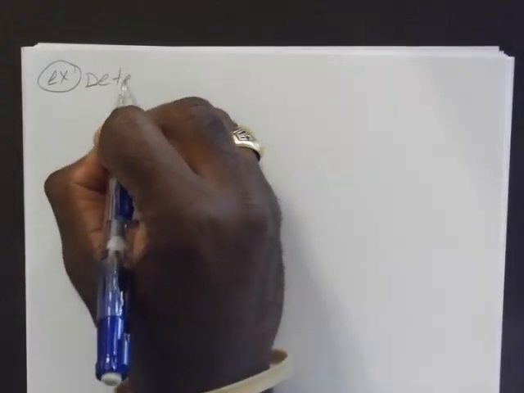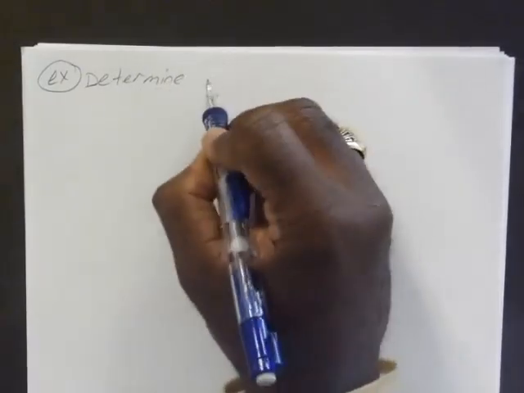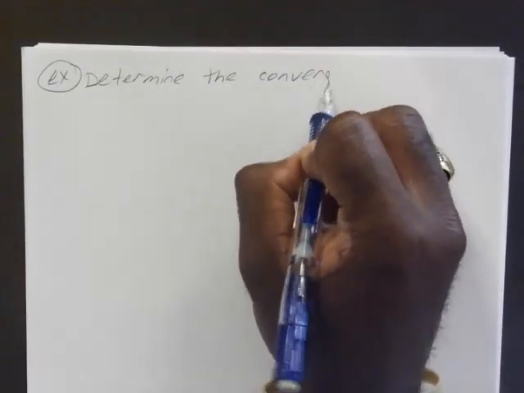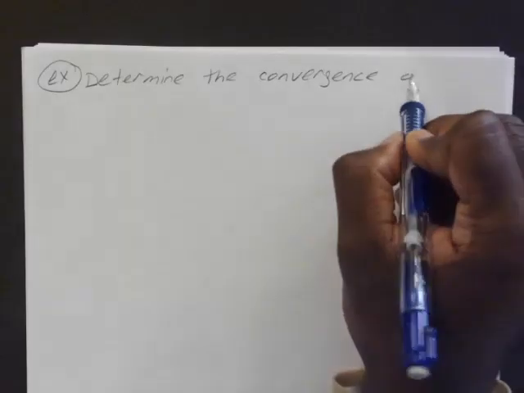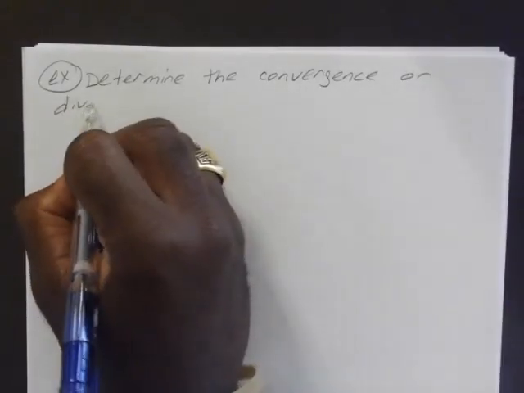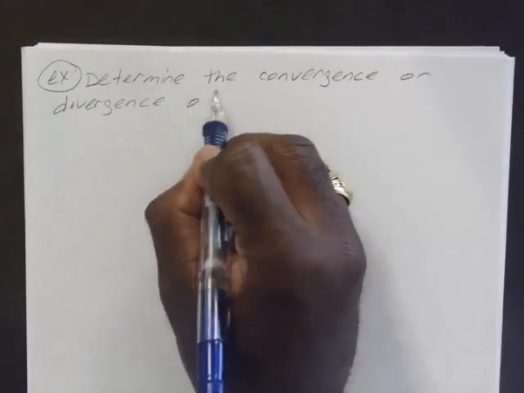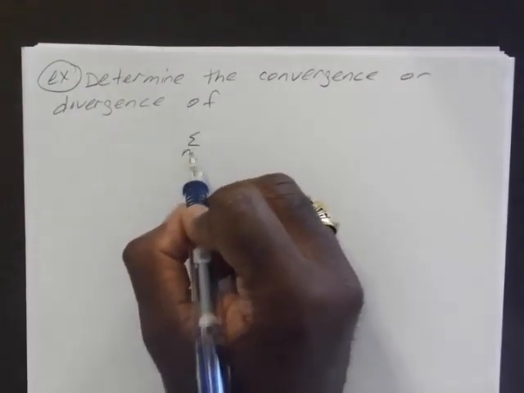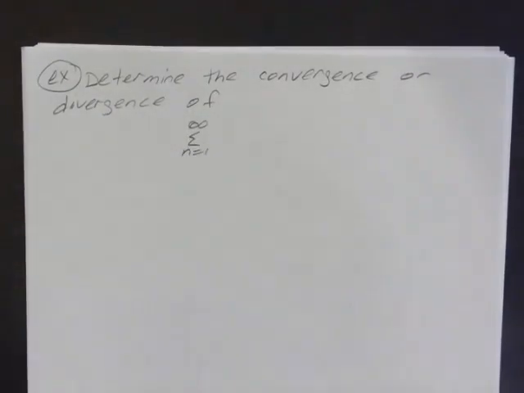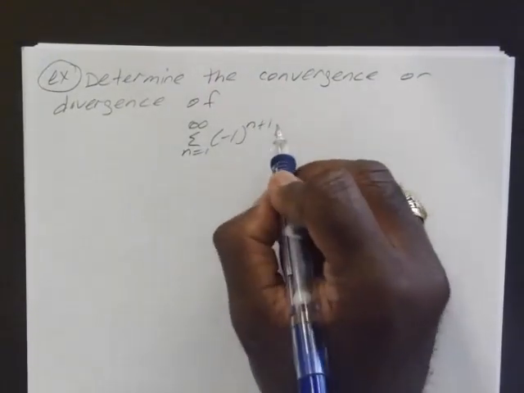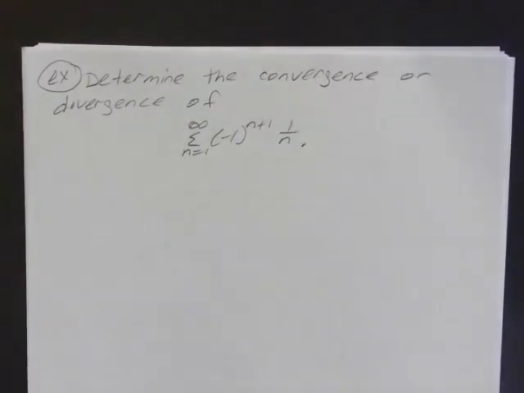So let's say, for example, if we wanted to determine the convergence or divergence of the series, the sum from n is equal to 1 to infinity of -1 to the power of n plus 1 times 1 over n.